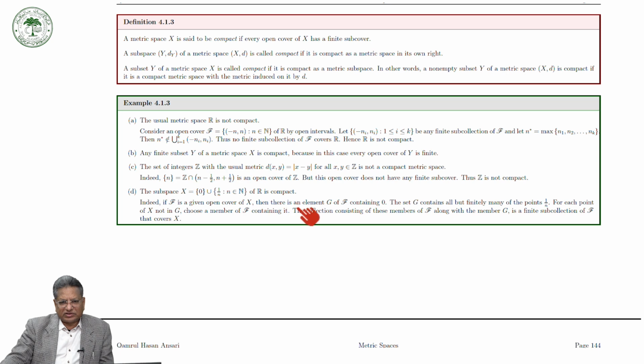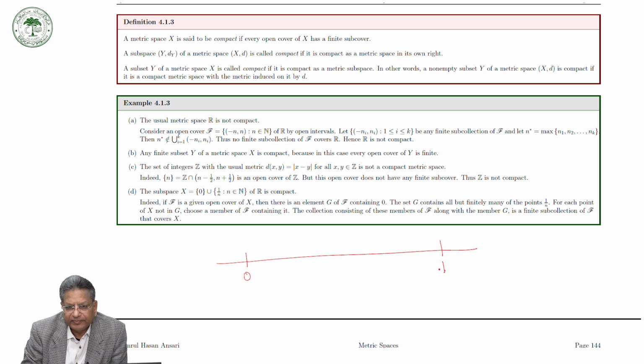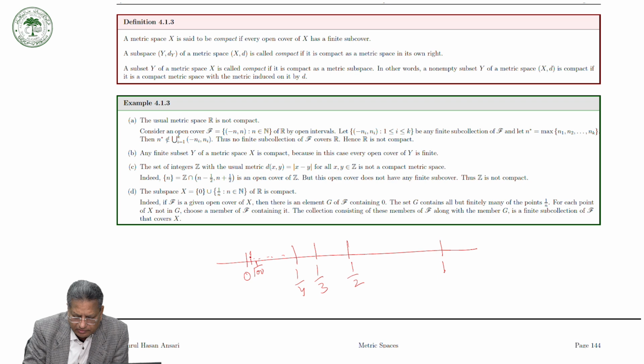So there exists an element G of F, because our family is like this: suppose this is my 0, and here this is 1, then you have 1/2, then 1/3, then 1/4, and so on, and 1/100, and here suppose 1/1000.